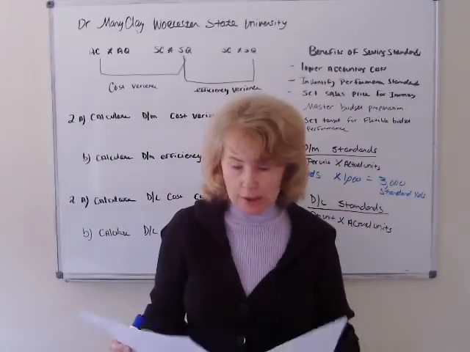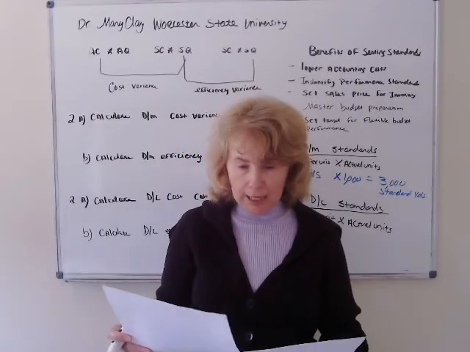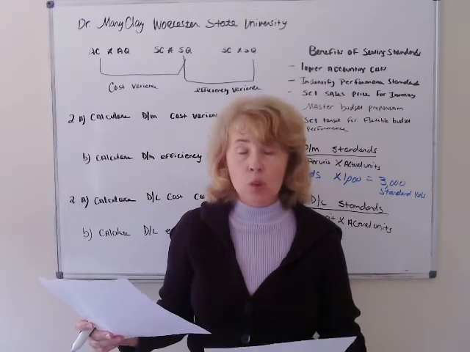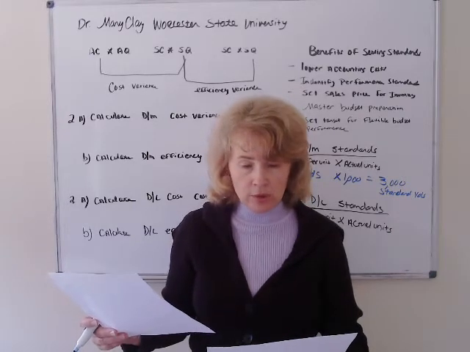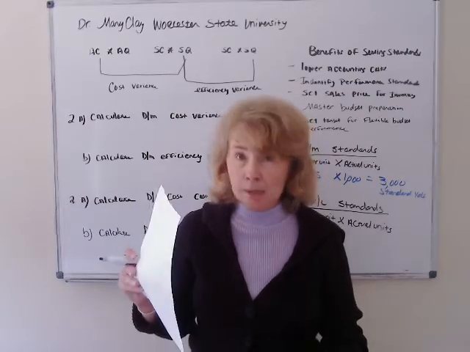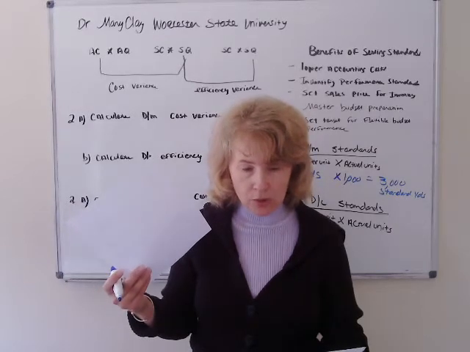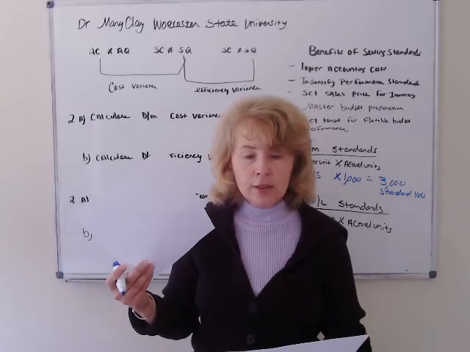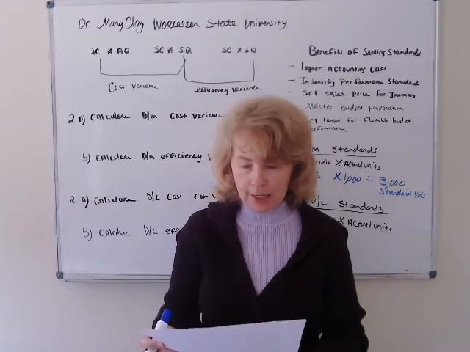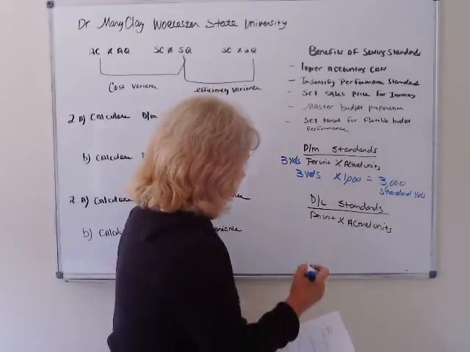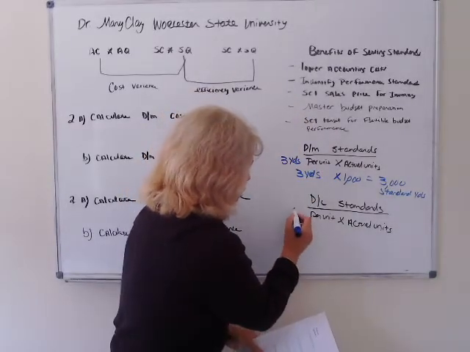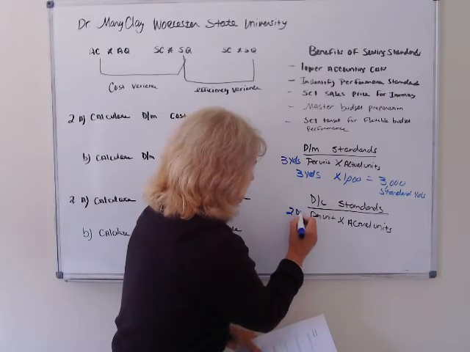Now that was my direct materials. Now I'm going to go back to the problem and look for my direct labor hours. This is not the rate per hour, this is the number of hours. Here's what it says: the standard time was 2 direct labor hours. So here's my per unit, 2 direct labor hours.